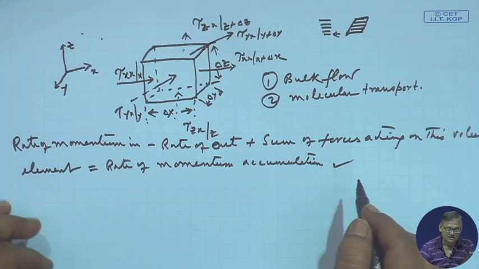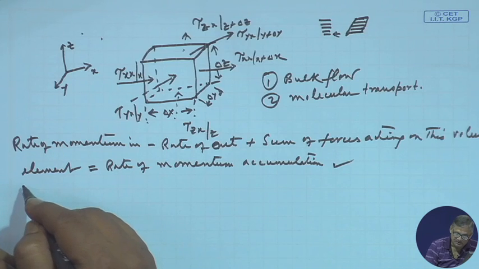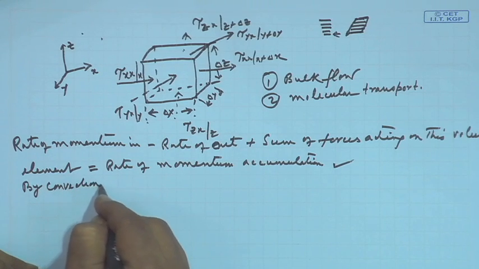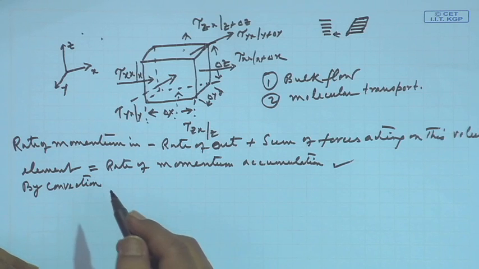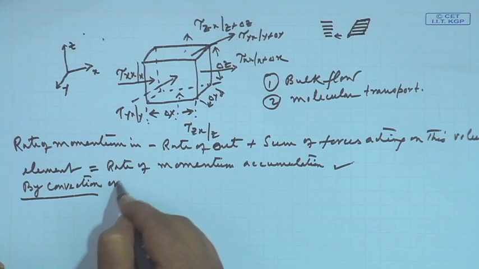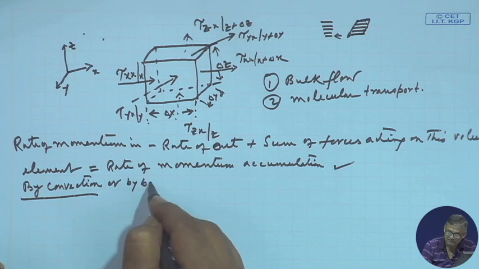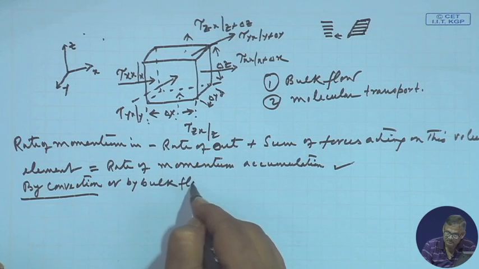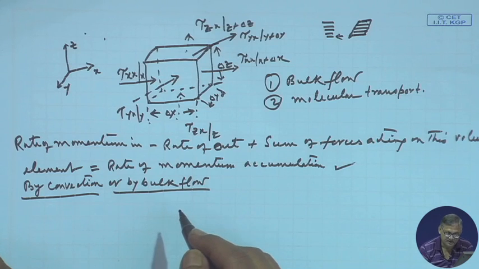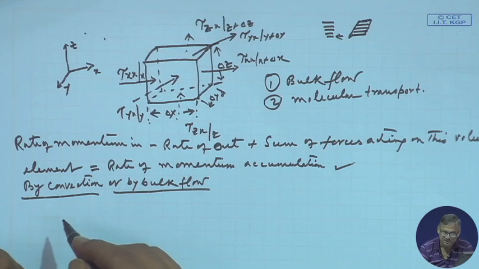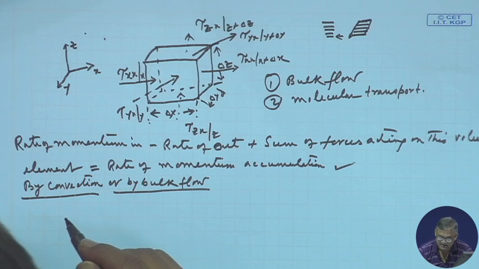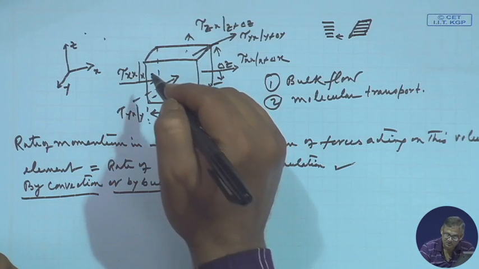So here we can write that by convection, or we can also say by bulk flow, what is coming in and going out is the rate of x component of momentum on face x and x plus delta x. So what is x?